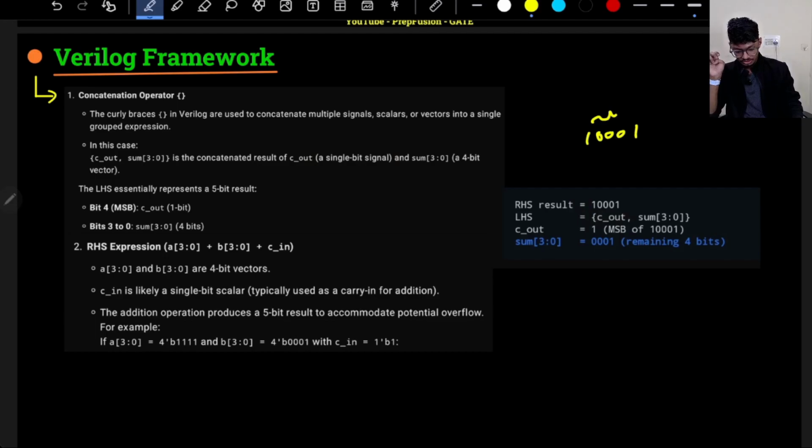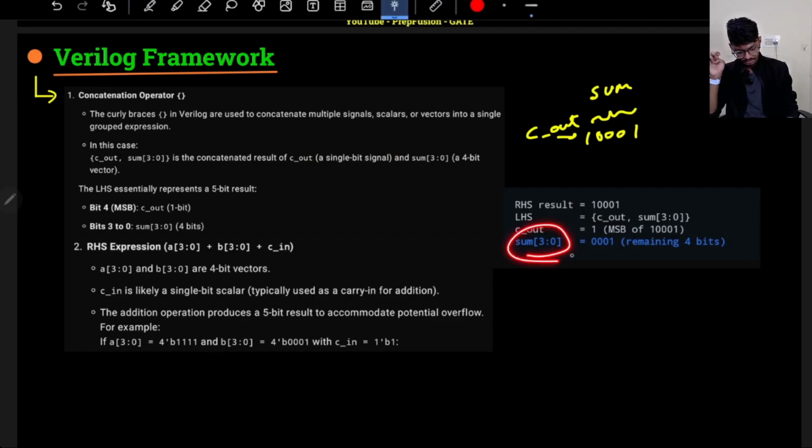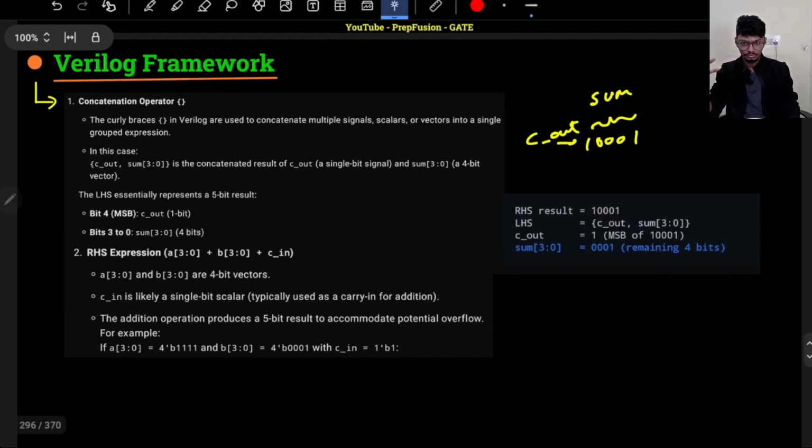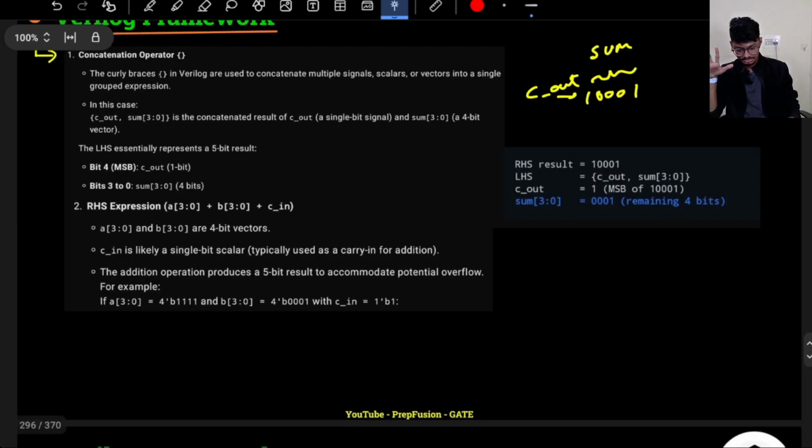Sum can only store 4 bits, so this will be sum and the MSB will be stored by Cout. Okay, that is what we do here, right? So sum has 0001 and Cout has 1, the MSB, right? If I write concatenation like this, the MSB will be stored here and all the other bits will be stored here. That is how we represent concatenation. Pretty straightforward, pretty simple to understand this expression.